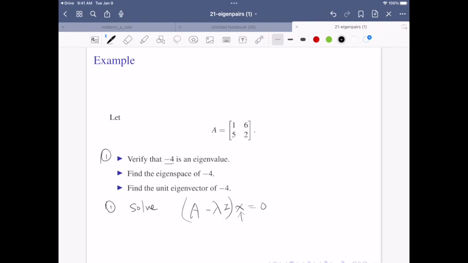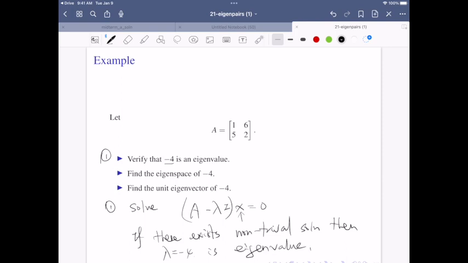So we need to solve this. If there exists a non-trivial solution, then lambda equals -4 is an eigenvalue. So the problem goes to how to solve (A minus lambda I) x equals 0.